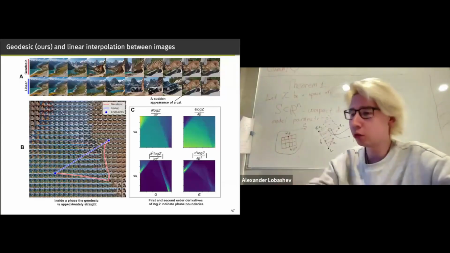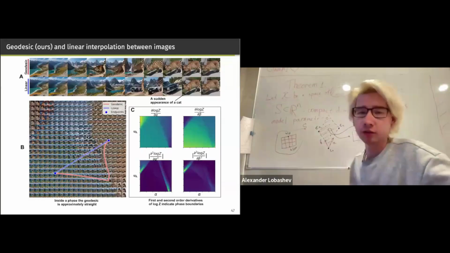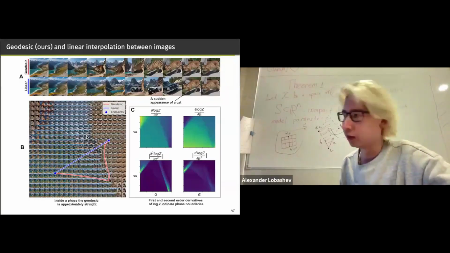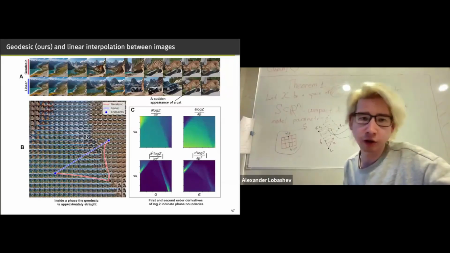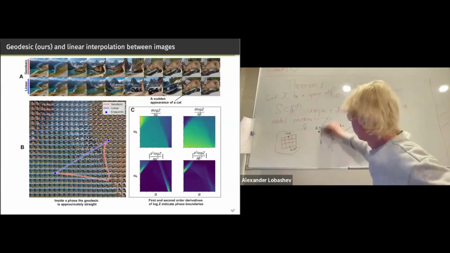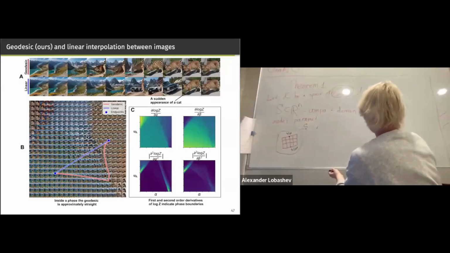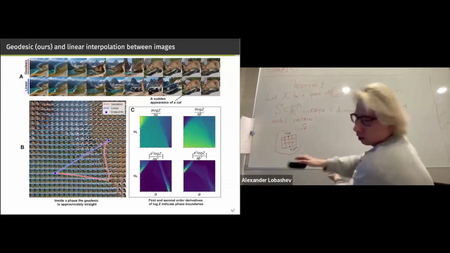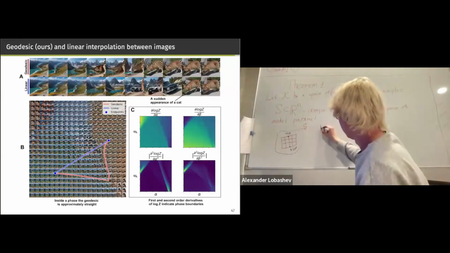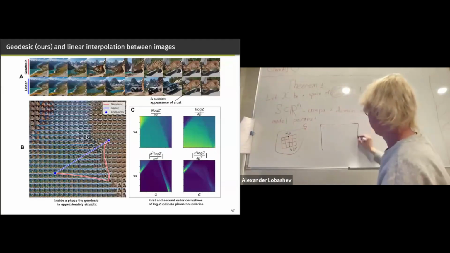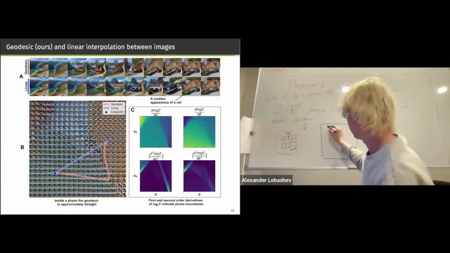And actually, what is interesting in this picture, and what is the difference between diffusion models and generative adversarial networks, is that on this picture we can see some notion of phases. So we have our space of parameters, and we have regions.